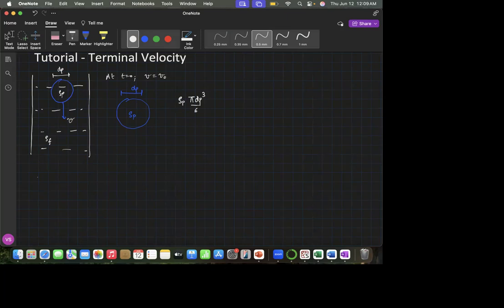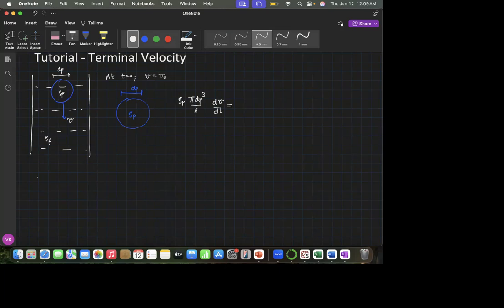That's the mass of the particle, right? Times acceleration, which is dv over dt, right? And that is equal to the sum of all the forces that are acting on this particle, right?